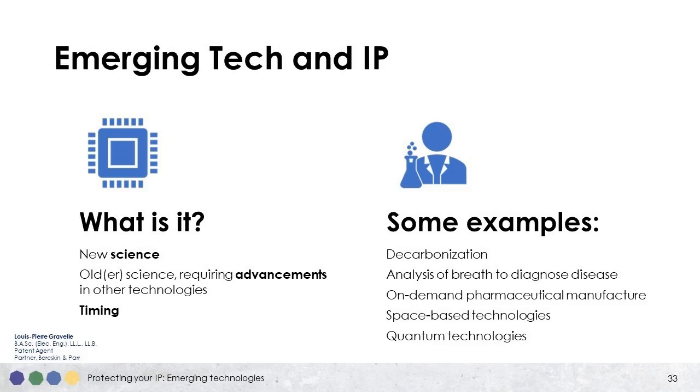A third aspect which allows us to consider a technology as being emerging tech is timing, and often that will be quite relevant in a variety of different fields. For example, and this has nothing to do really with emerging technology, but the ubiquity of wheels on suitcases is an idea that goes back to the 40s and the 50s.